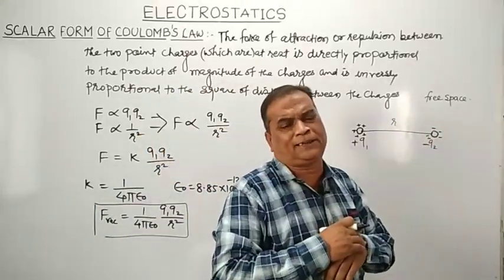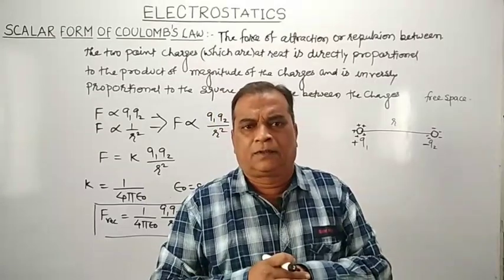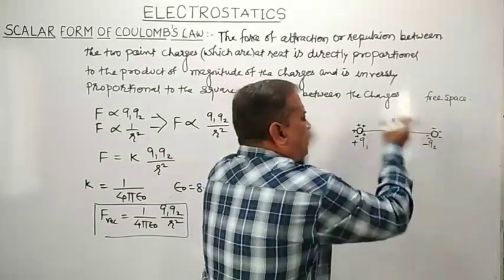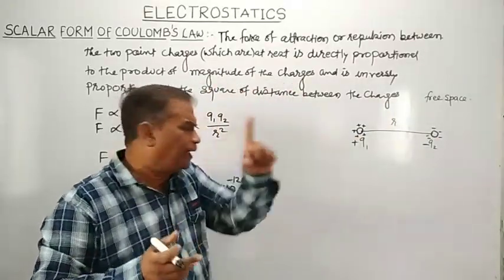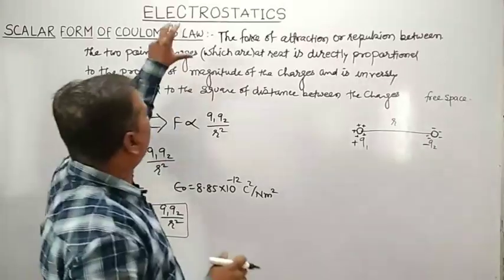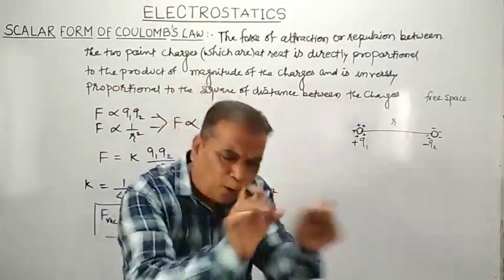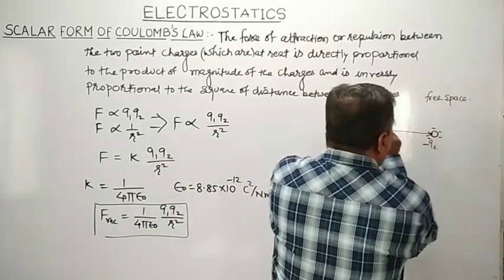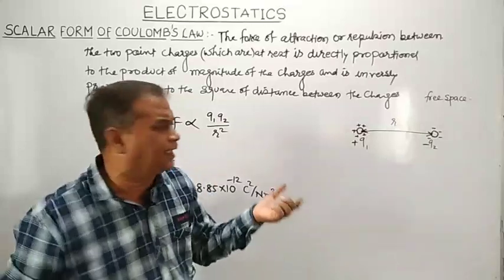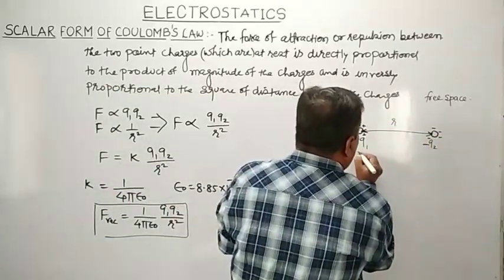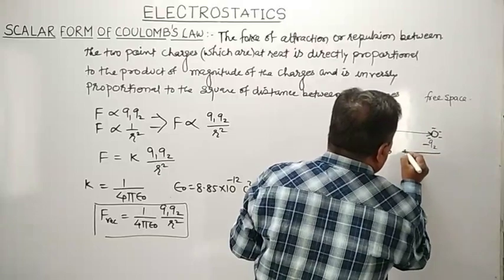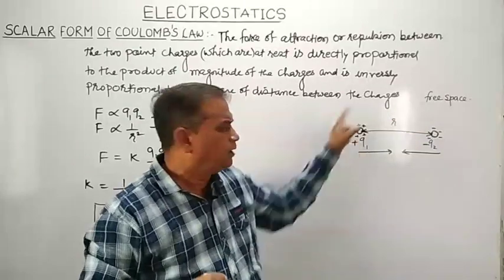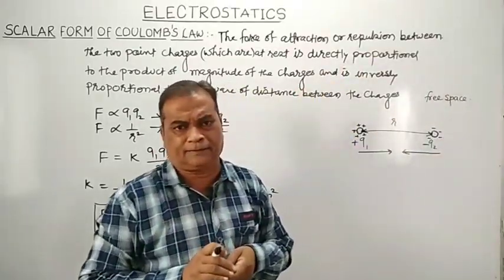From the basic properties of electric charges, you know that whenever unlike charges are brought near each other, there exists a force of attraction, and according to Coulomb's law, that force will always act along the line joining the two charges. So here the two charges will attract each other, and that force of attraction will act along the line joining them.